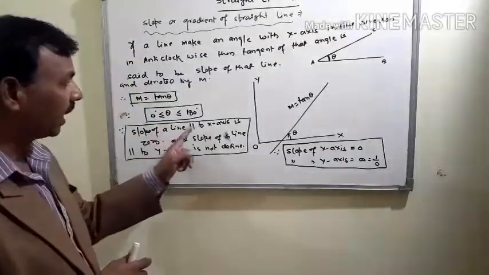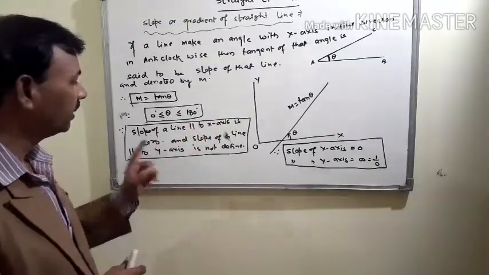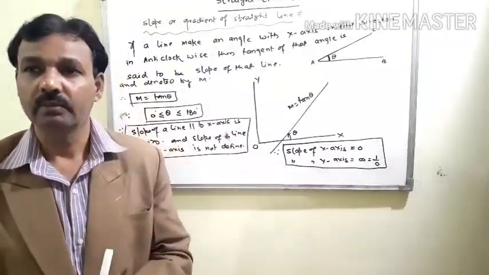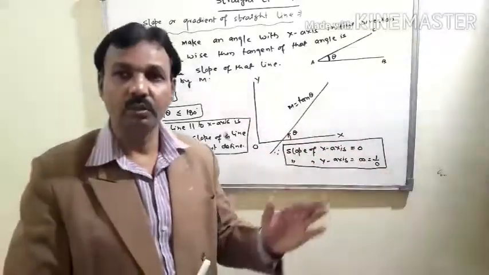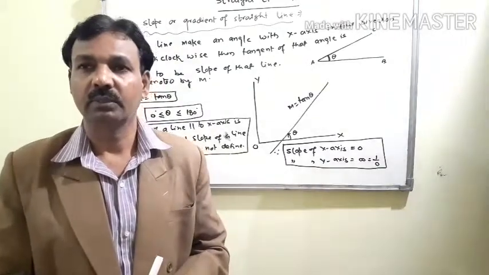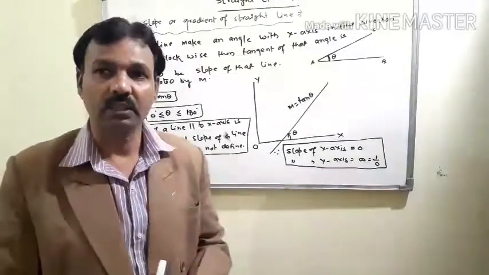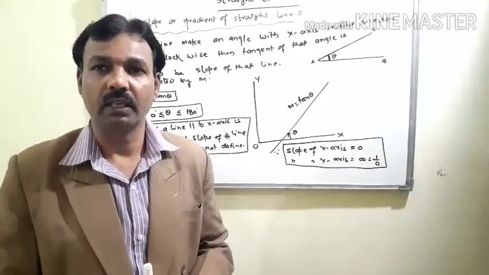The slope of a line parallel to the x-axis is 0, and the slope of a line parallel to the y-axis is not defined. The slope of the x-axis equals 0 and the slope of the y-axis is not defined, that means 1 upon 0. Now in the next video we will discuss the angle between two lines if the slopes of those lines are given.